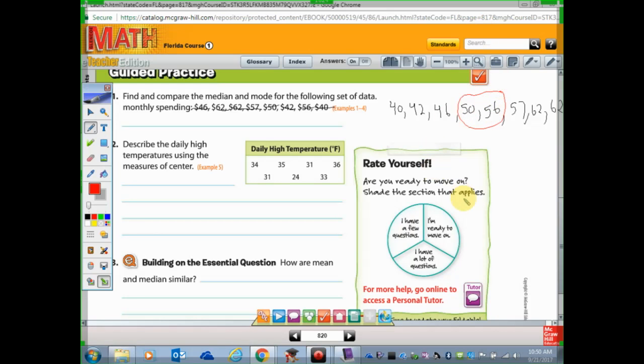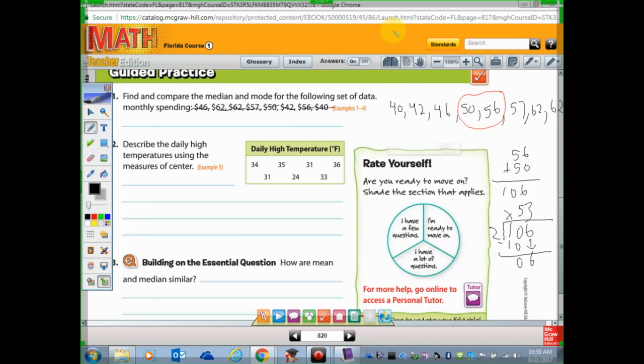And luckily I found mean yesterday, so I know how to do that. There's two numbers. I have to add them together. 56 plus 50. I get 106. And I take that and I divide it by what? 2. Divide it by 2. It won't go into 1, it'll go into 10 5 times. 5 times 2 is 10. 0, bring down my 6. 2 will go into 6 3 times.